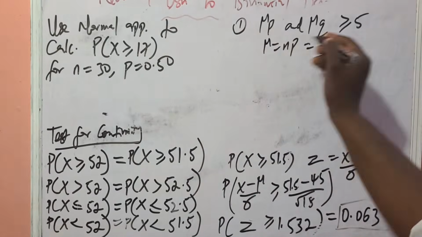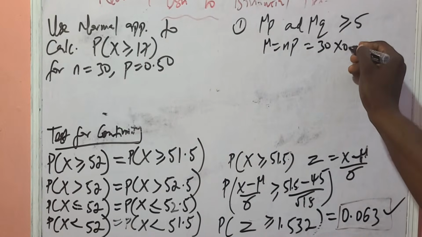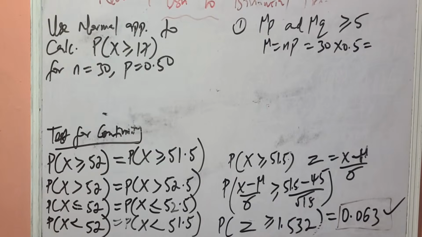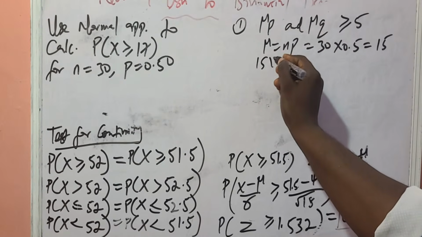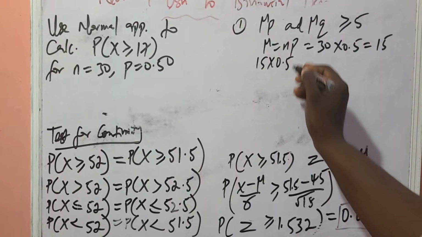In this case, your n is 30 and your p is 0.5. Of course, your mean will be 15. Now, if you have your mean to be 15, that's nice. So let's go on now to test this. That'll be 15 times 0.5.